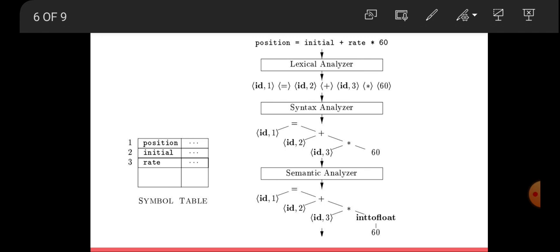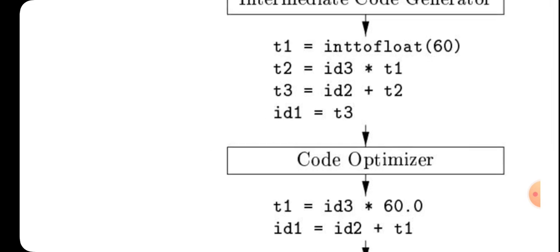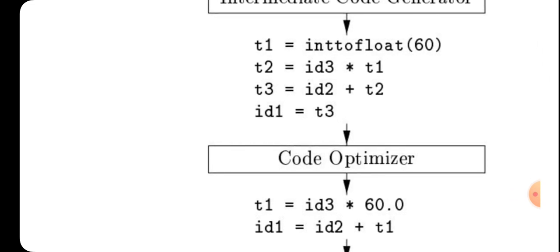In our example, the optimized code is T1 is equal to ID3 into 60.0 and then ID1 is equal to ID2 plus T1, where we are changing the value of 60 into 60.0 in T1, and directly assigning the value T1 as 60.0 in the code optimizer.